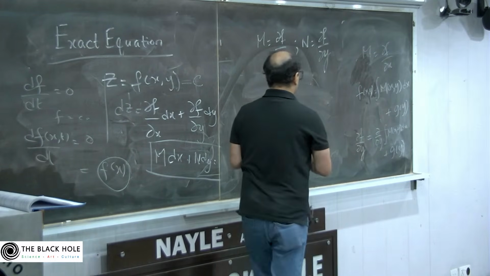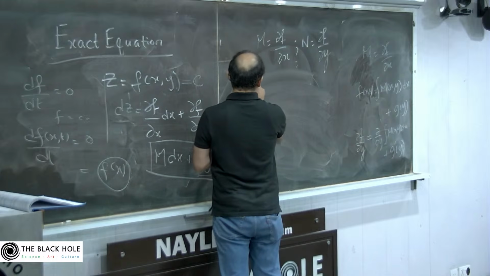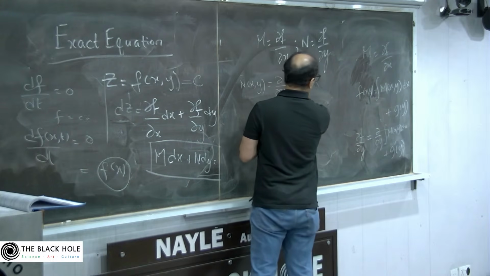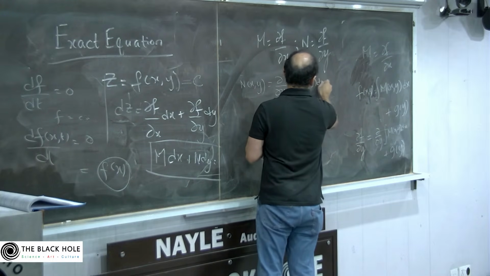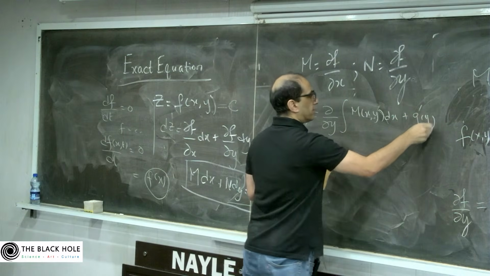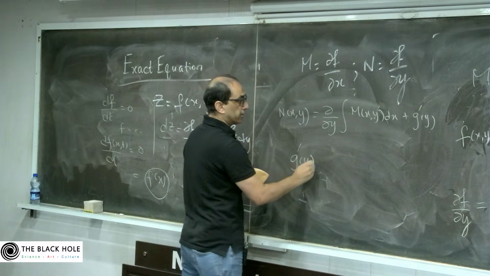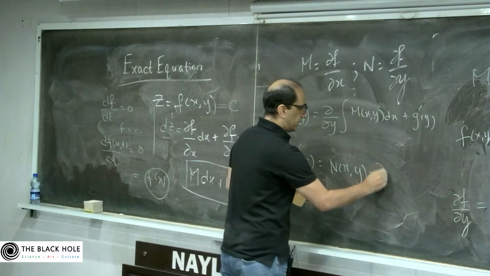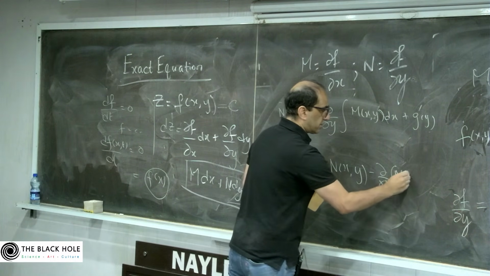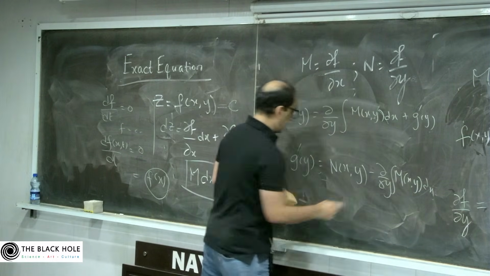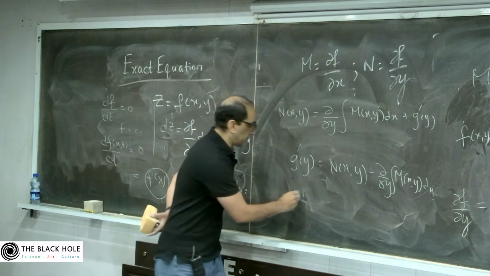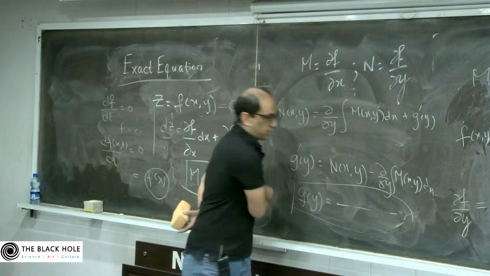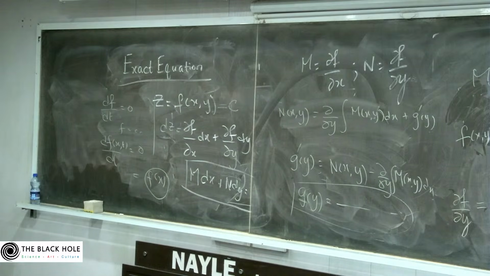That is N. So N(x,y) is equal to ∂/∂y of ∫M(x,y)dx plus g'(y), and my g'(y) is equal to N(x,y) minus ∂/∂y of ∫M(x,y)dx. And now if I integrate it with respect to y, I will have g(y) as my answer, and you find the whole thing.